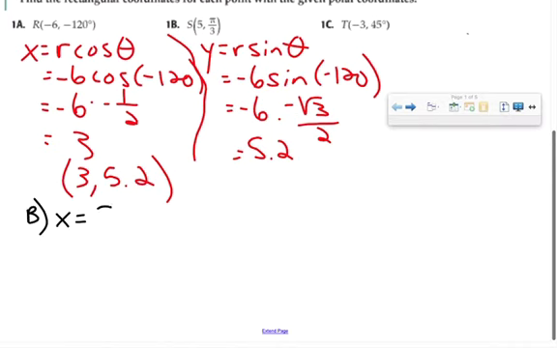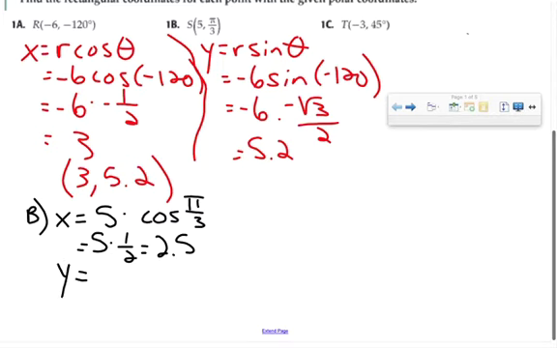Part B, x equals 5 times the cosine of pi over 3. So that's 5 times cosine of pi over 3, which is 1/2. So that's 2.5. My y-coordinate will be 5 times the sine of pi over 3. Sine of pi over 3 is radical 3 over 2.